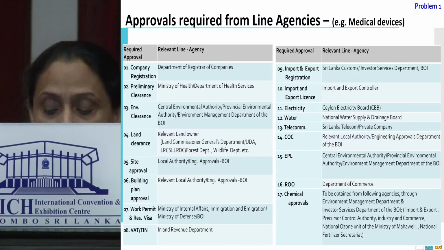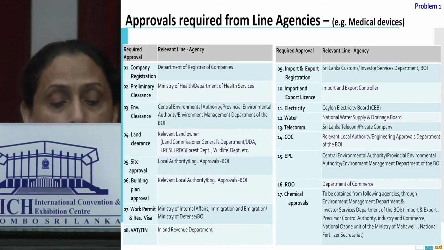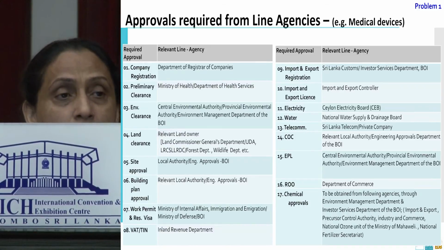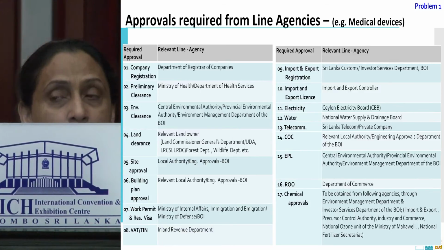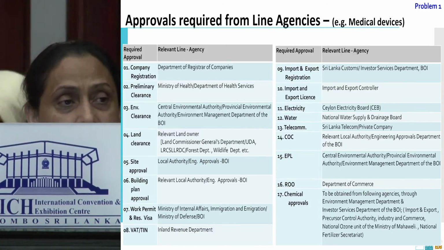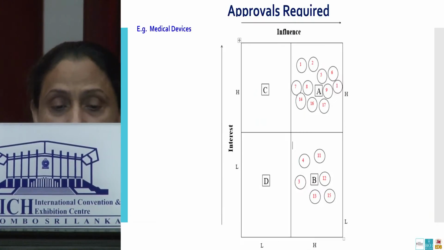Although we thought it was problem 3, when we came into this study, we realized it's problem 1, because however many sectors you identify the potential of, if you don't have a synchronized system for the approval process, it's not going to work.